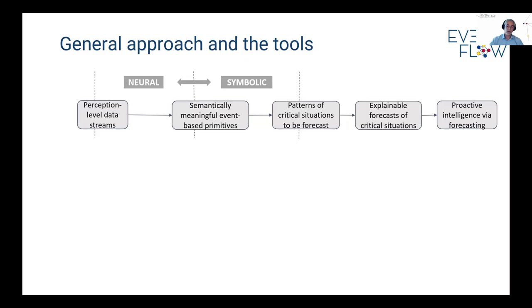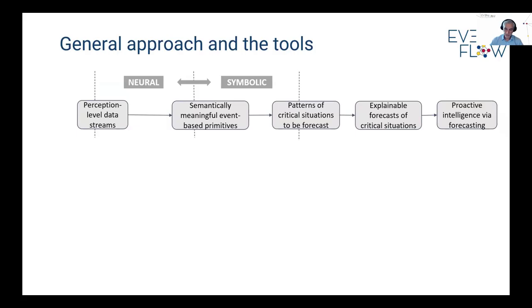And that will be able to give proactive intelligence because we have the rules that have been enabled by the neurosymbolic approach, so that puts also some explainability into that, right? So from perception data to forecasting, this is the neurosymbolic pipeline.